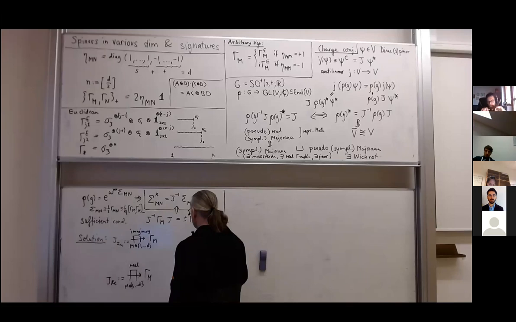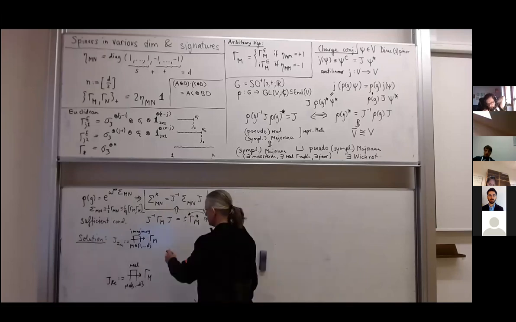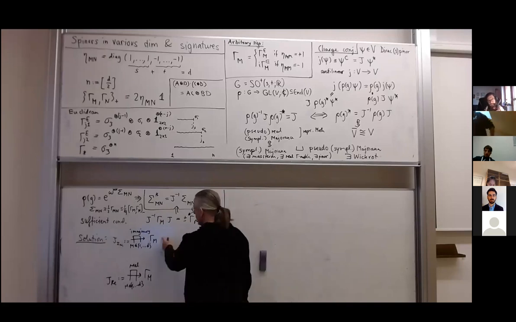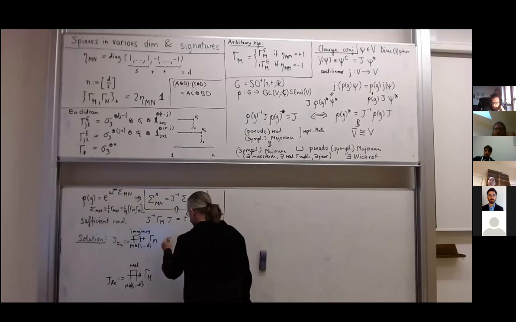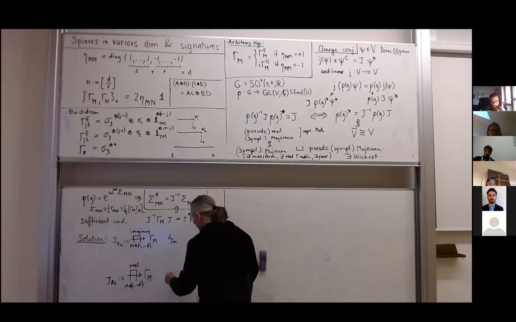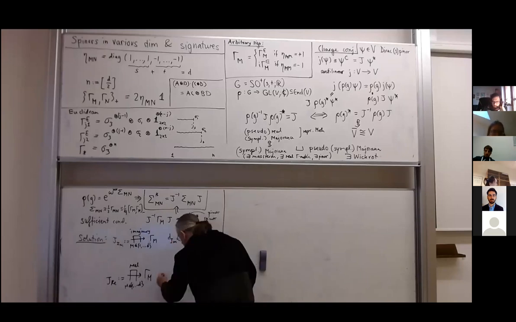Okay, so the first thing we should find out is how many imaginary gamma matrices do we have. So let me call the number d im, and then I will also call the number here d real.